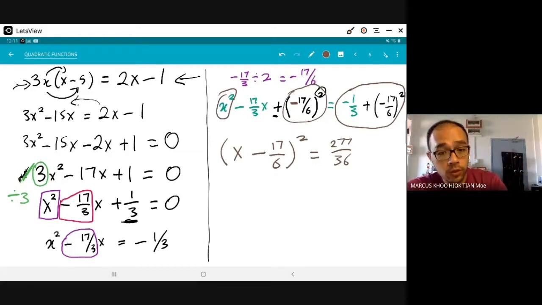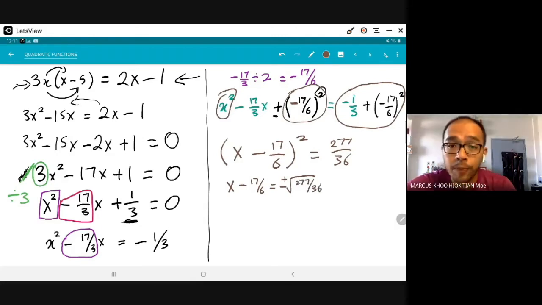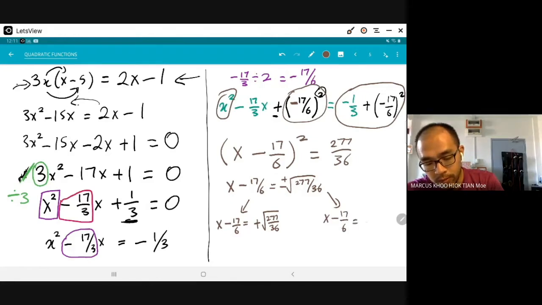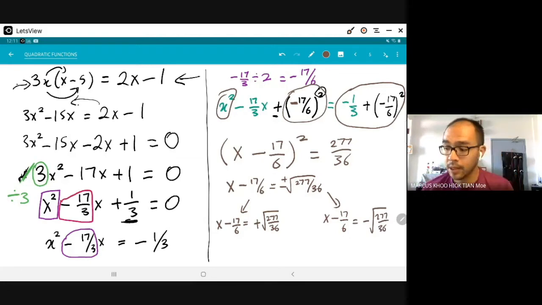Okay, then lepas itu senang sudah itu. X minus 17 over 6 equals to square root, of course plus minus, 277 over 36. Dan kita bahagikan kepada 2. So X minus 17 over 6 equals to positive square root of 277 over 36. X minus 17 over 6 equals to minus square root of 277 over 36. Okay, and that should give you your final answer lah.